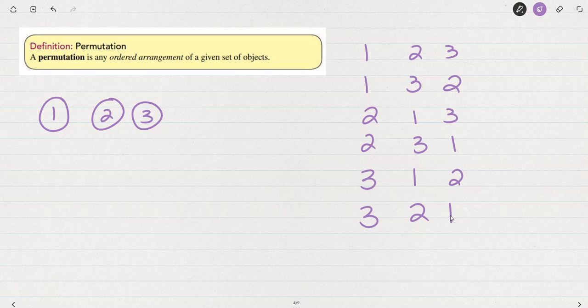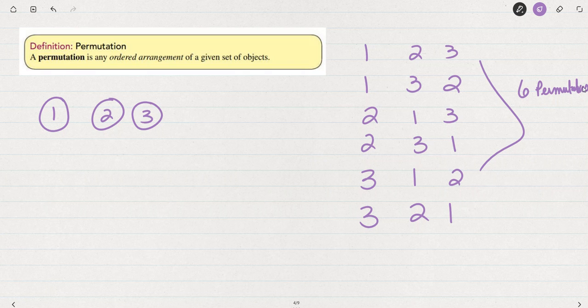And I see that there's a total of 6 permutations. There are 6 ways that I can arrange the numbers 1, 2, and 3: 1, 2, 3; 1, 3, 2; 2, 1, 3; 2, 3, 1; 3, 1, 2; or 3, 2, 1.